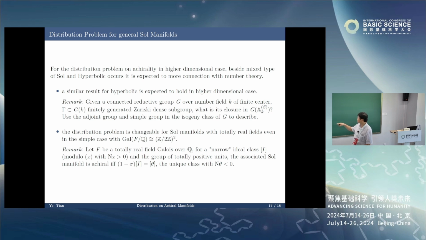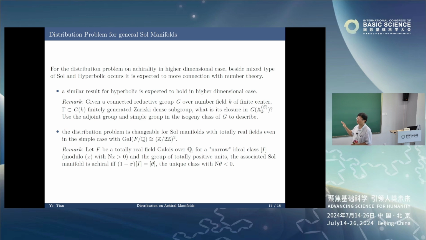So now there is a corresponding number theoretical question. For example, let F be a totally real field, Galois over Q. Then we can define a sort of narrow ideal class. But narrow just means we mod out by the relation of principal ideals whose generator x has norm bigger than 0.